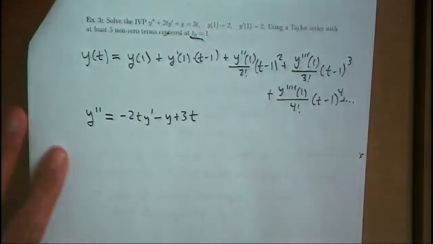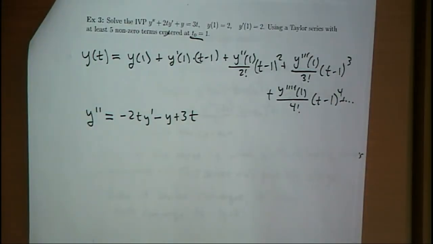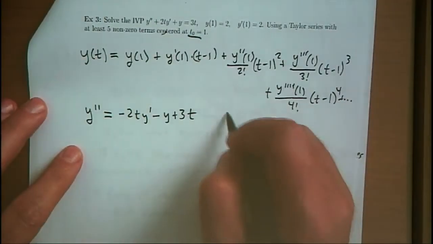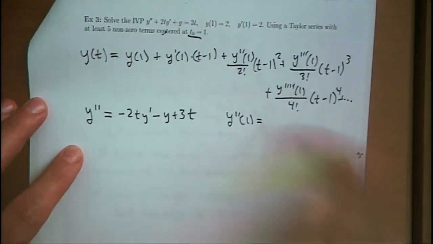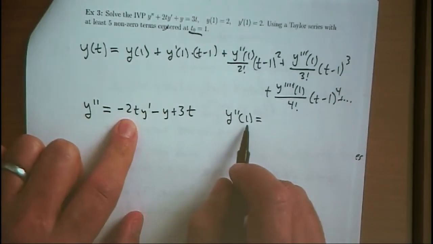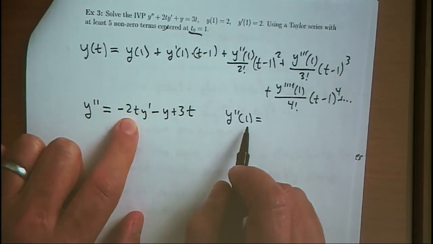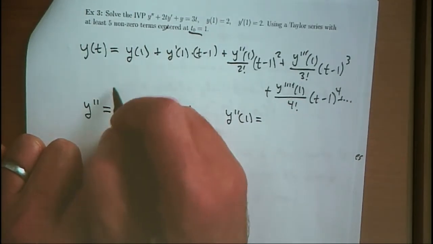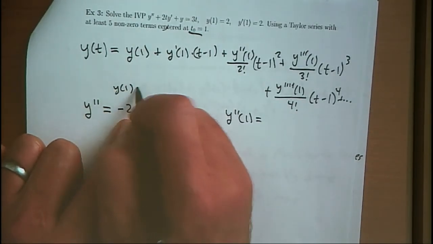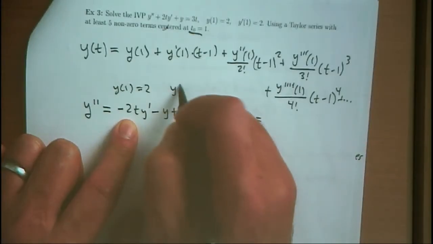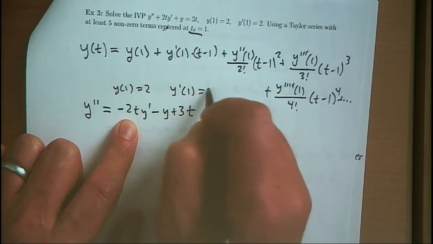That's y double prime. That's just rearranging. And by the way, I should have written my initial conditions here. y of 1 was 2, and y prime at 1 was also 2. They're the same.